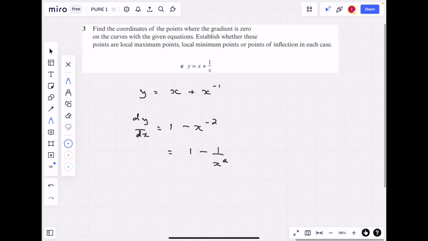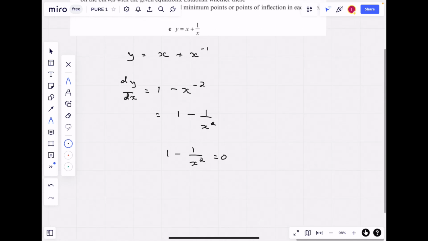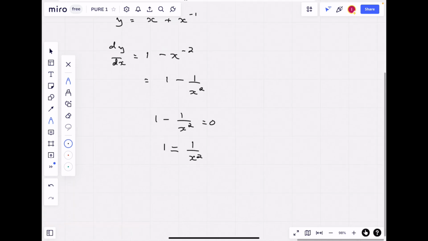Okay, you make that equal to 0. And now you can solve for x. So 1 equals 1 over x squared. So that means x squared equals 1. So that means x equals plus or minus 1, because the square root of 1 is just 1.